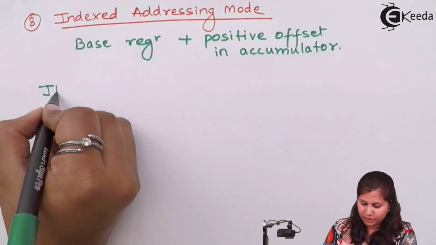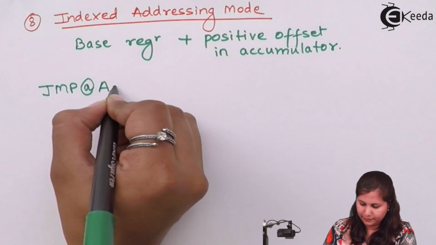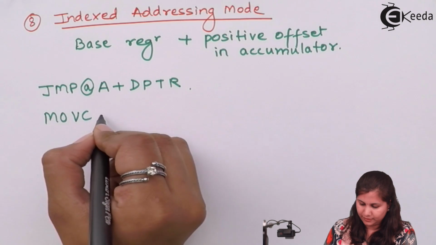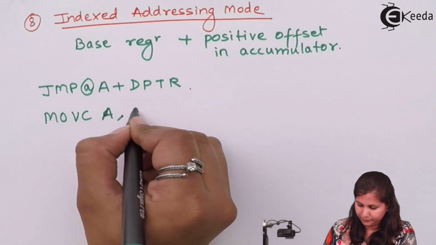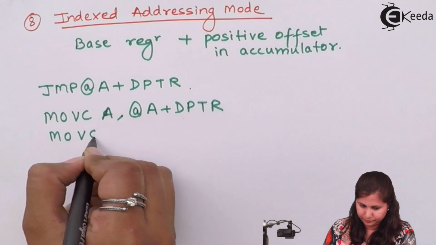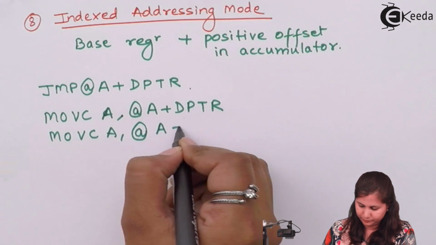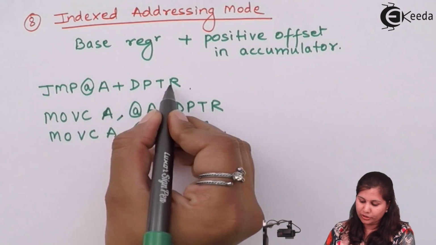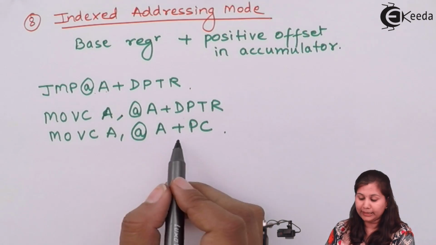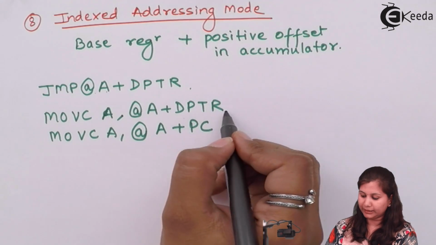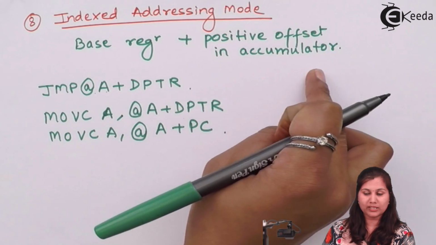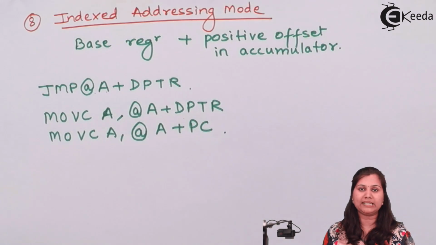So here we have the two instructions, JMP @A+DPTR, and two move instructions, MOVC. So for jump instruction, the base register is the accumulator, and for move instruction, the base register can be the data pointer also, means the offset can be contained in the data pointer also and in the program counter also. So we have in the accumulator the positive offset, and that is added with the base register to get the complete 16-bit address.